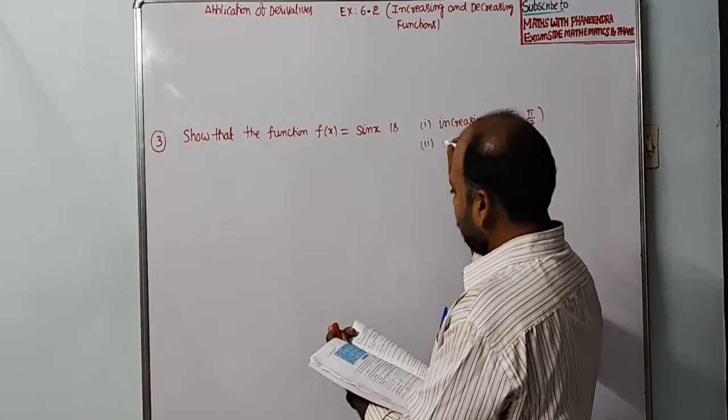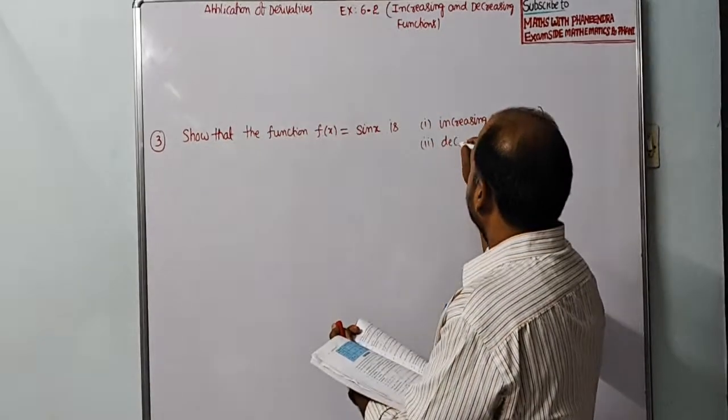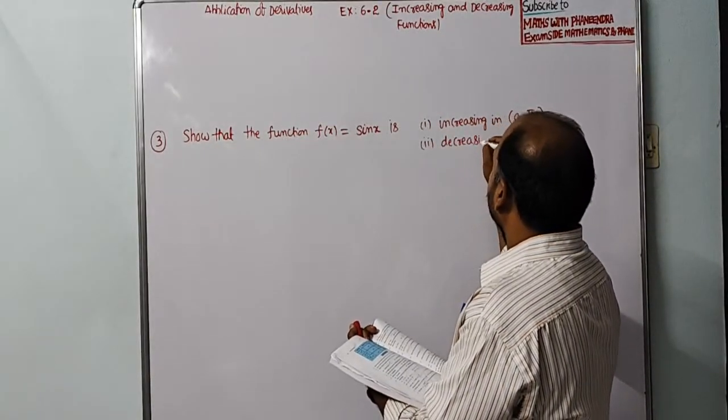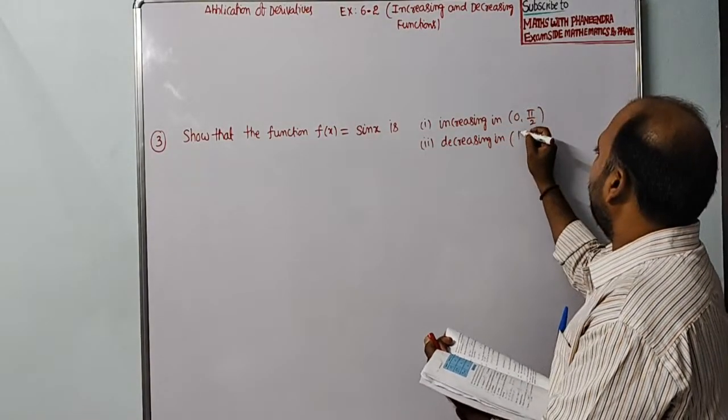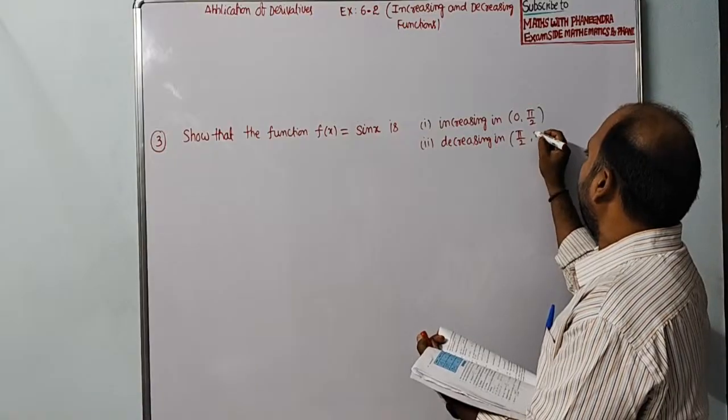Second one, decreasing in the open interval pi by 2 comma pi.